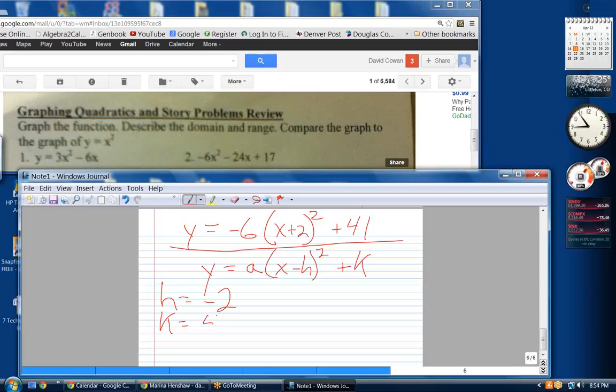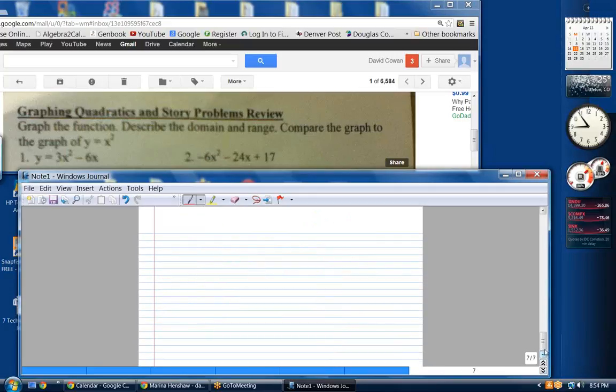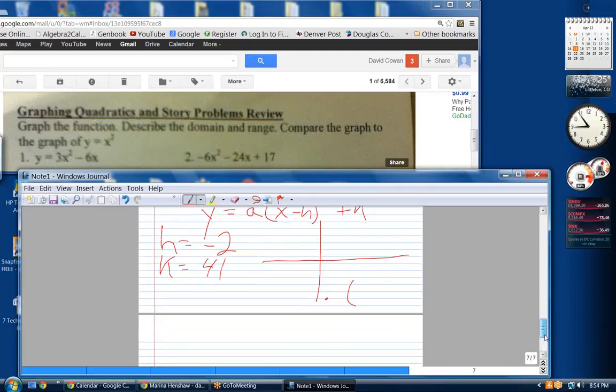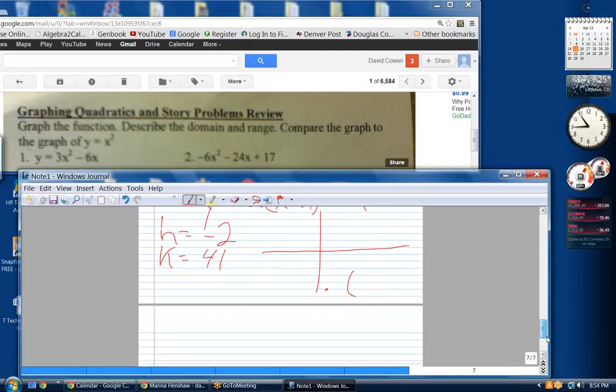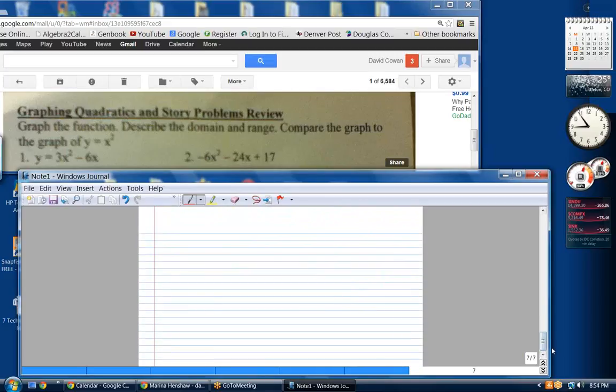Positive 41. Correct. So now I know how to graph the most important part of it, which is the vertex. Let me graph it. I've got an h of negative 2, a k of 41.